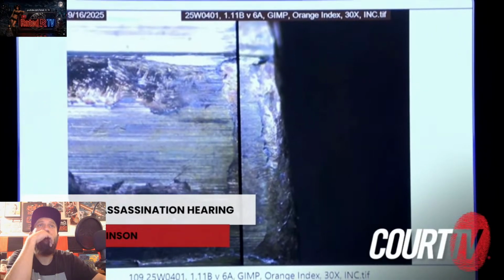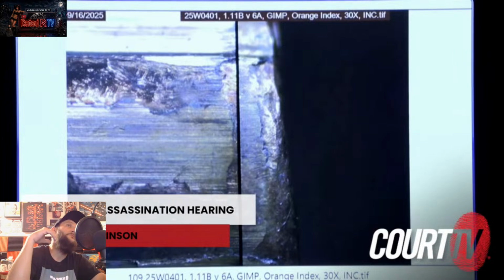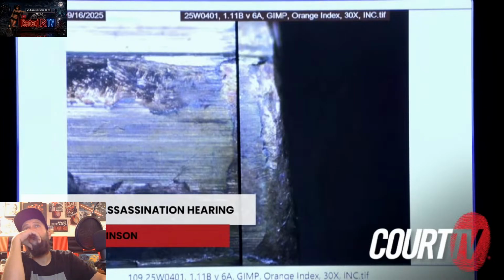But again, this is just a snapshot of one particular area. Doesn't show areas of agreement or disagreement. There is an area of agreement at the very bottom of the photo. Okay, correct, yes. Next photo, please.